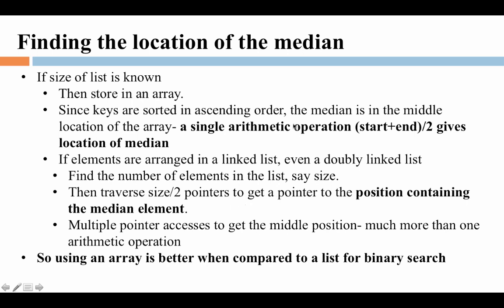So clearly, to get to the middle element of the array, only one arithmetic operation is required, no matter how large the array is. On the other hand, if you store the data in a list in ascending order, then to get to the median element, you have to use the size of the list divided by 2 pointer traversals. So therefore, using an array is better when compared to the list for binary search.